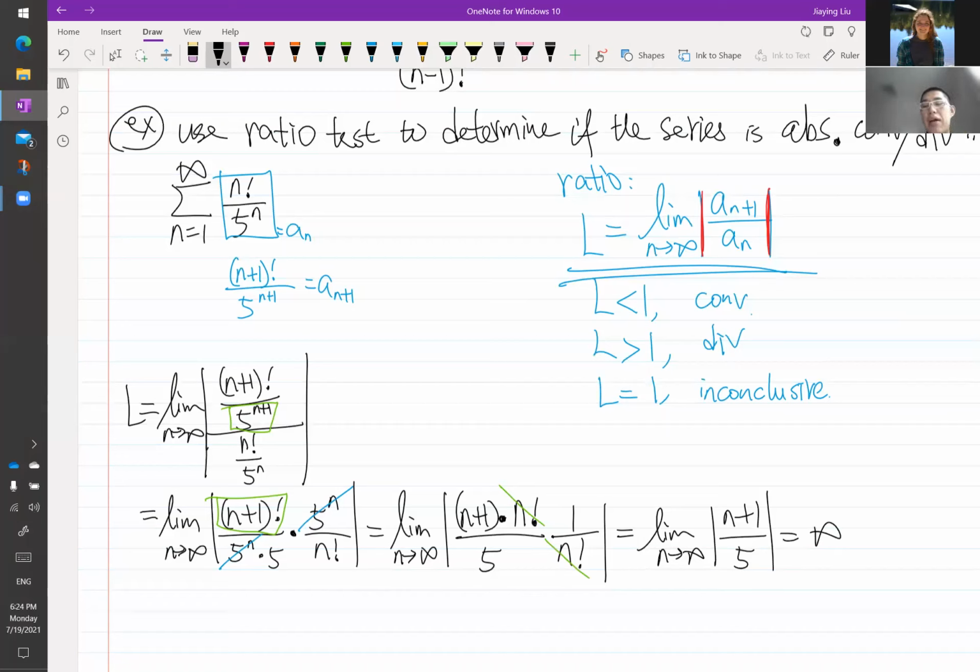The denominator is 5, but the numerator goes to infinity. So the absolute value of that goes to infinity. So this is greater than 1, right? So L is greater than 1.